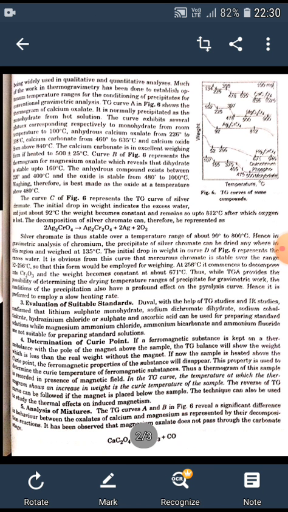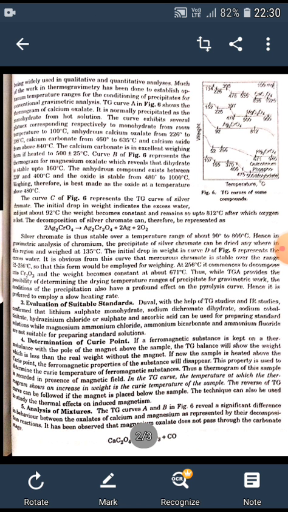The calcium carbonate is in excellent weighing form if it is heated to 500 plus minus 25 degrees centigrade. The second curve represents the thermogram for magnesium oxalate.